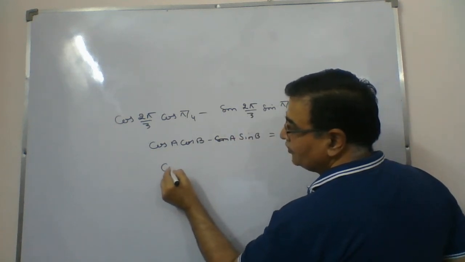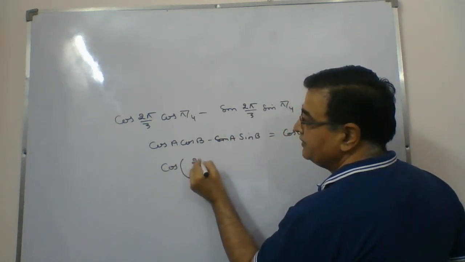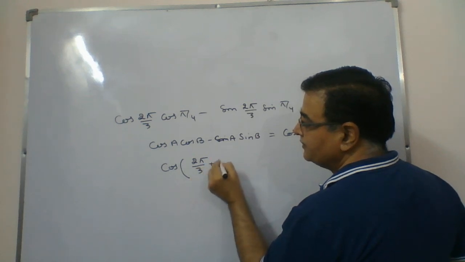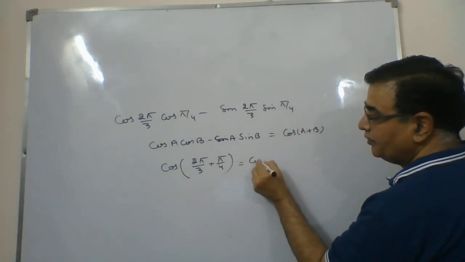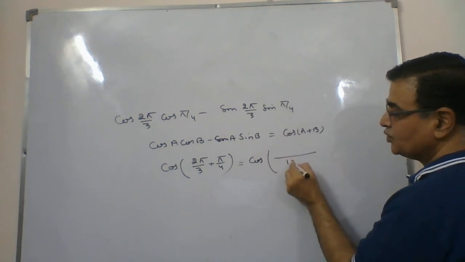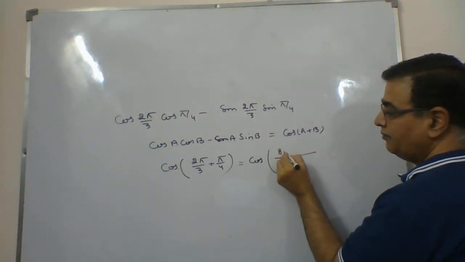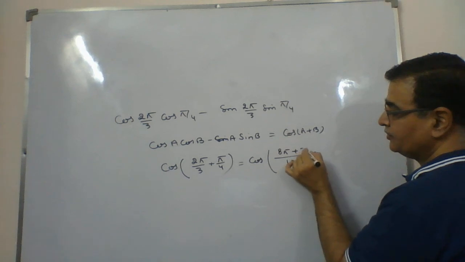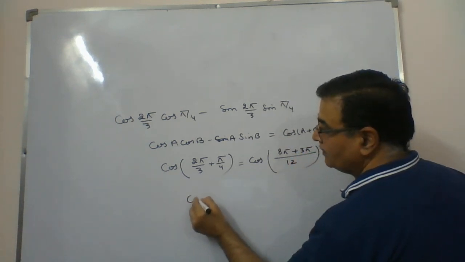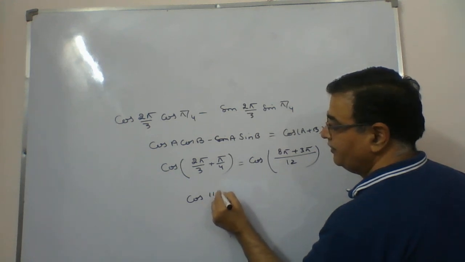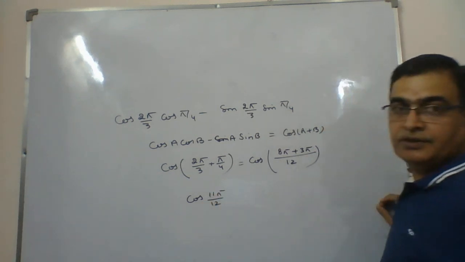So the formula says cos of A plus B, which means 2 pi by 3 plus pi by 4. Now when you solve it, the LCM will be 12. This will come 8 pi plus 3 pi, which comes out to be cos of 11 pi by 12.